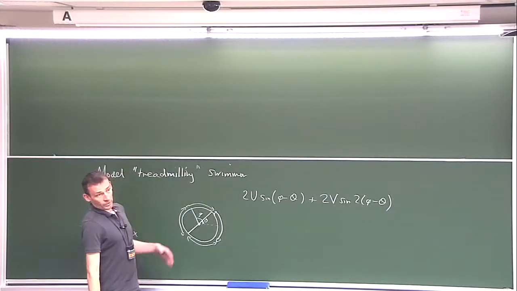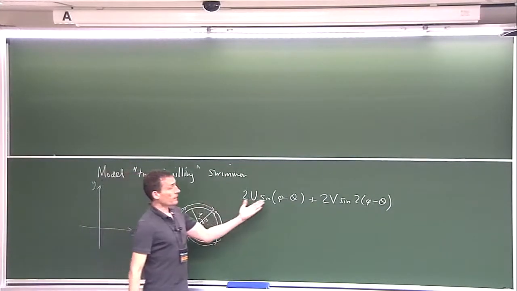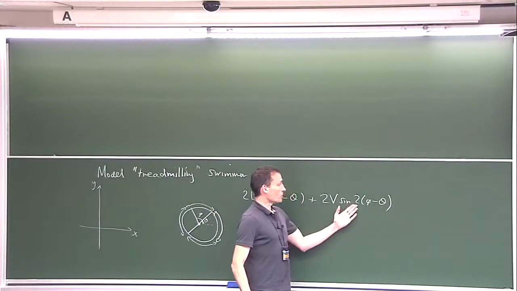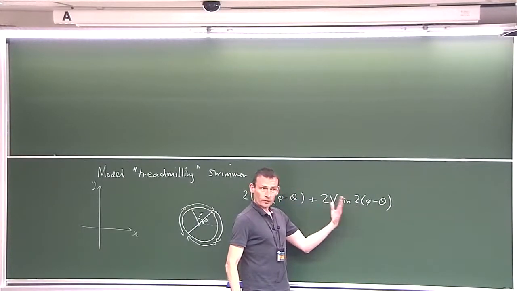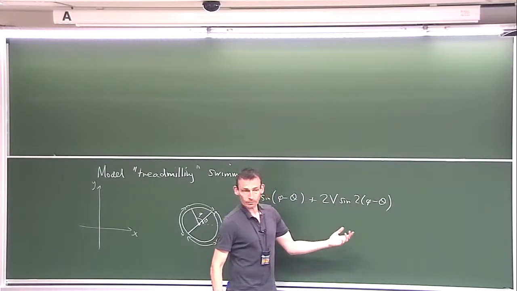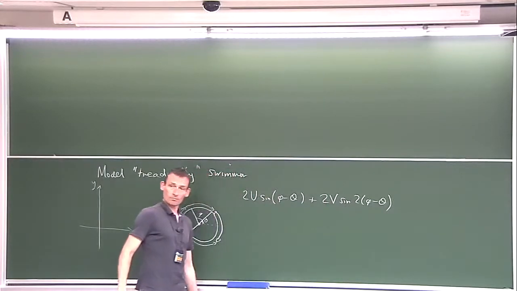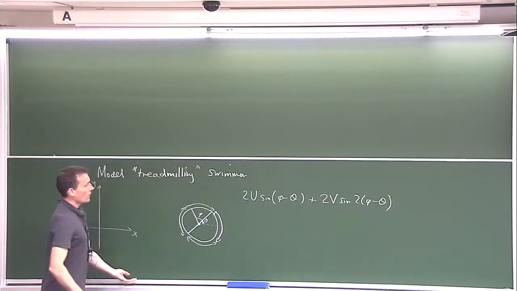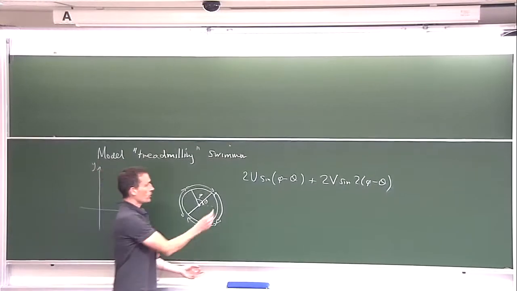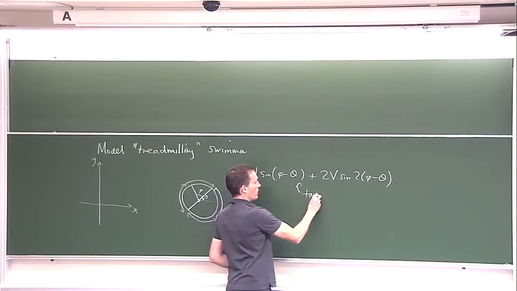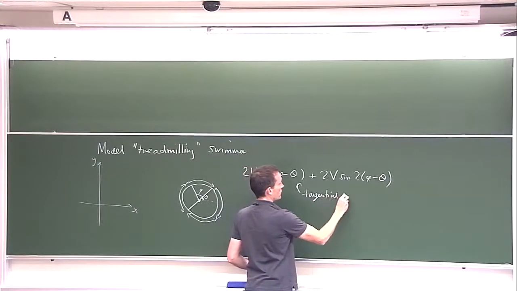Okay? And you can see that in principle, I can add multiples of 3, 4, 5, the higher Fourier modes. And I can even put cosine. Up to me. Okay? So this was the tangential velocity, the tangential slip.